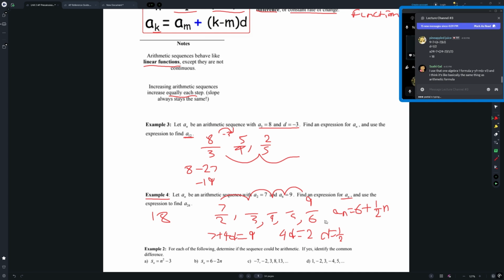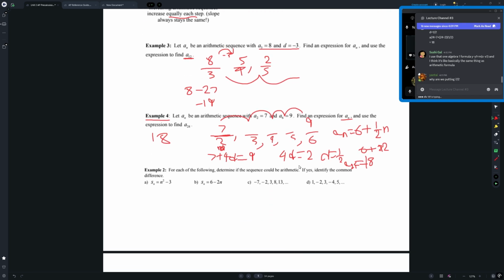Then you plug in 24, which is 12 plus 6, which is 18 for a of 24. Why are we putting 7 over 2? It's the second term, and I'm just labeling it as 2 for now.